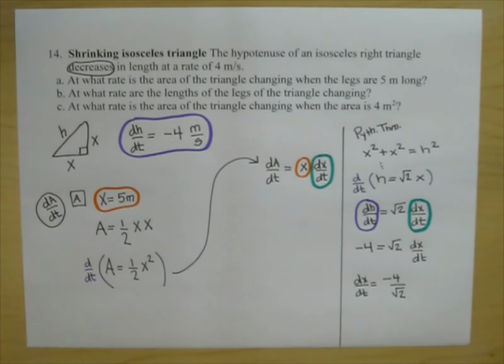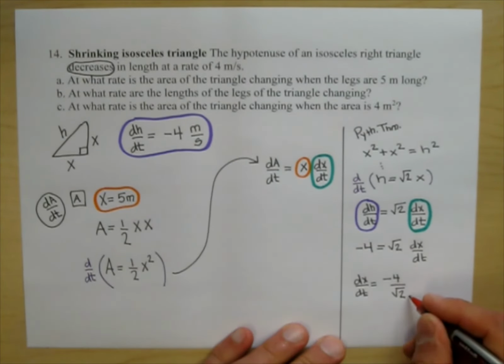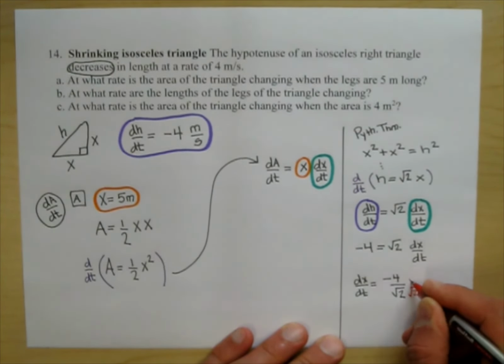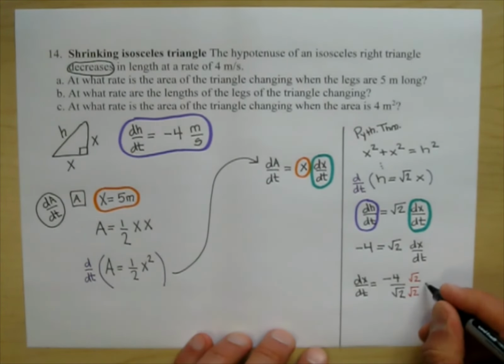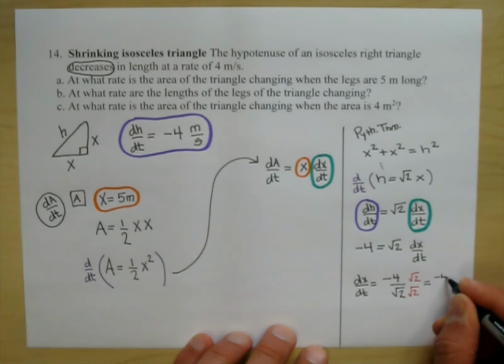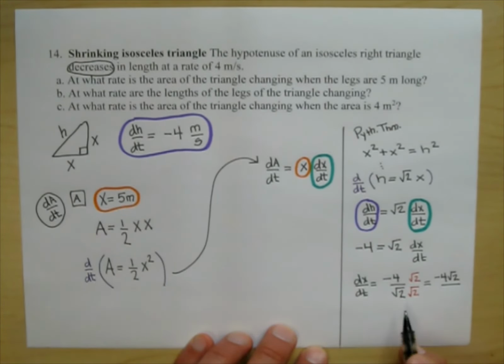I'm going to rationalize the denominator by multiplying top and bottom by root 2. So what does this give me on the top? Negative 4 root 2 all over root 2 times root 2 is 2.